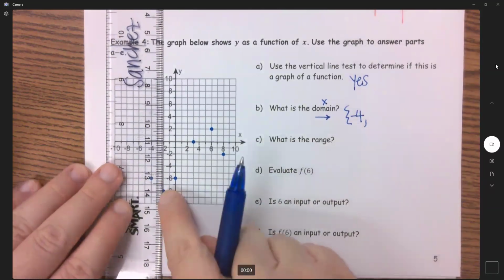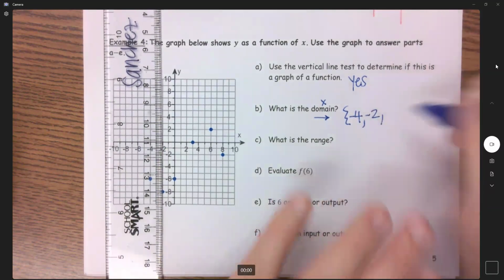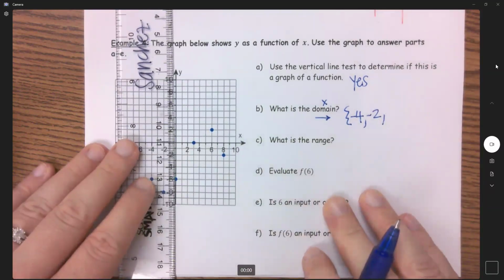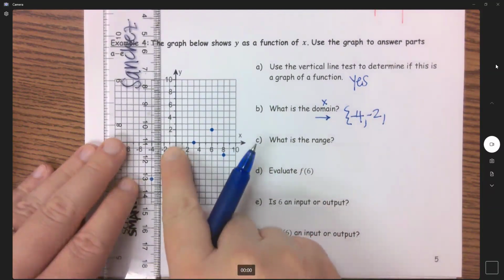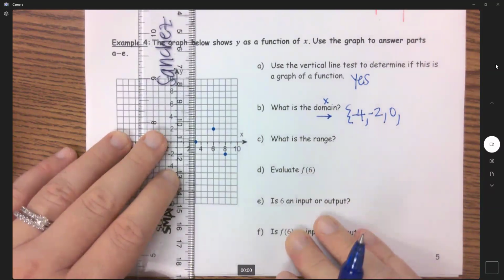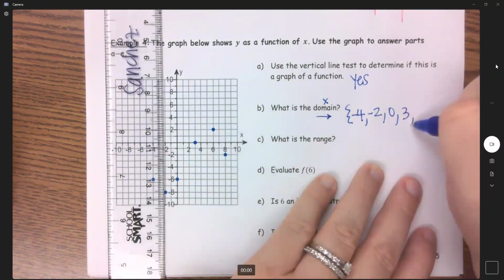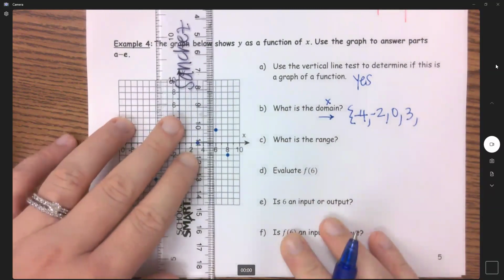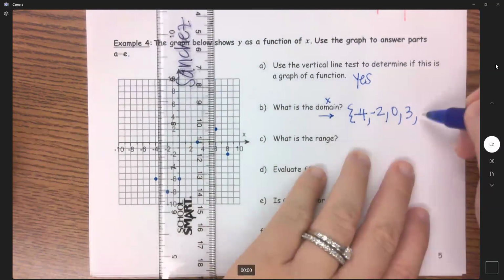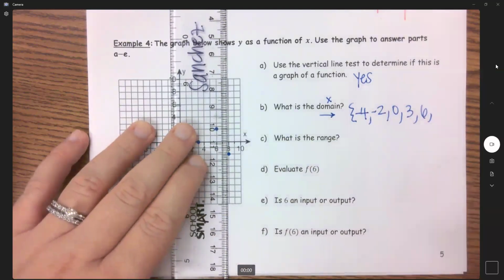Here's my next ordered pair. It has an X value at -2. Here we have an X value at 0. This one has an X value at 3. X value at 6. And lastly, an X value at 8.